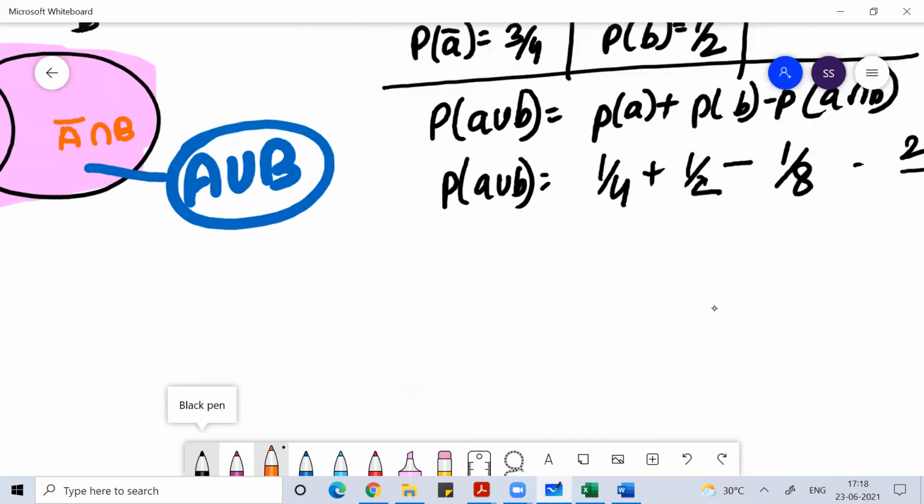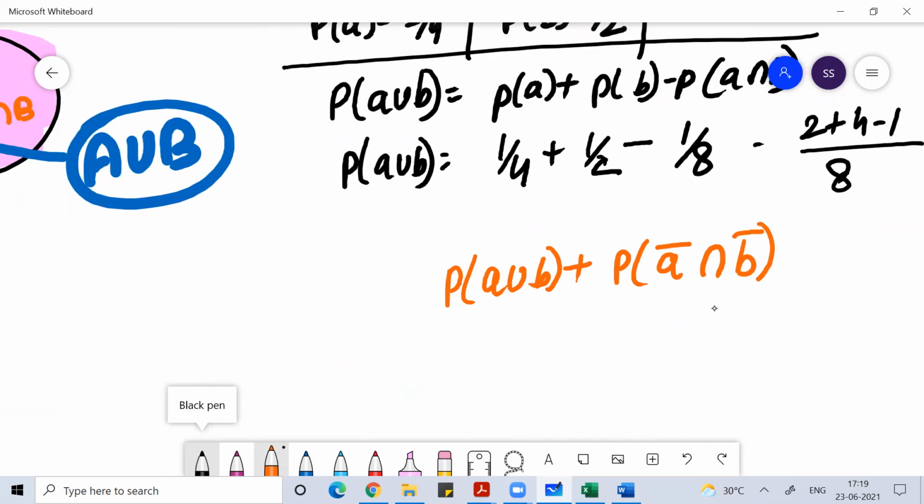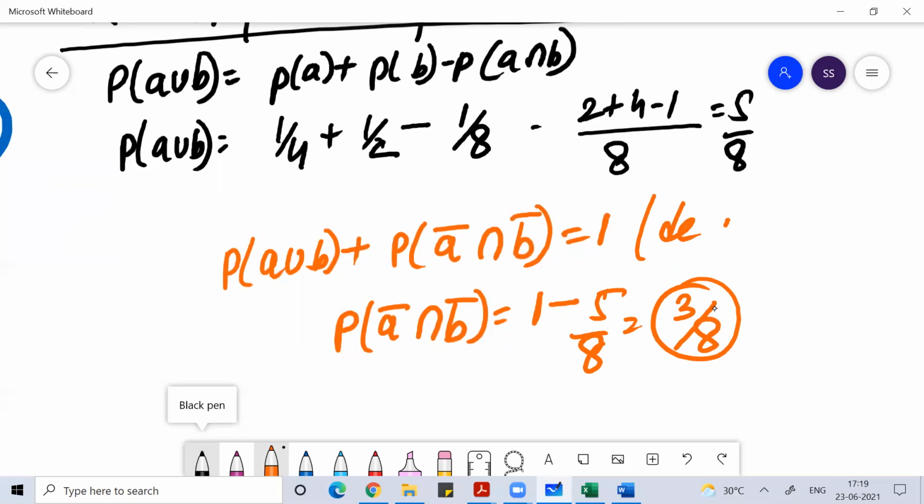Remember, probability of A union B plus probability of (neither A intersection neither B) is equal to 1. So probability of not A intersection not B is 1 minus probability of A union B, that is 1 minus 5 by 8, so this will be 3 by 8. This is De Morgan's law.